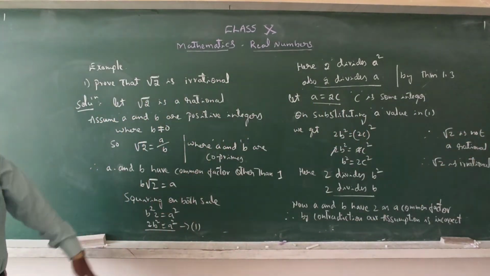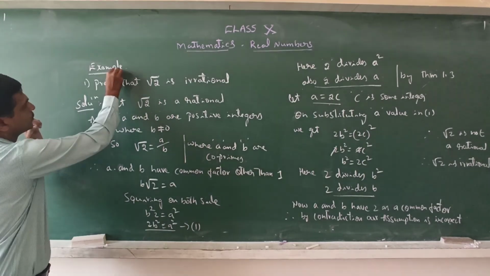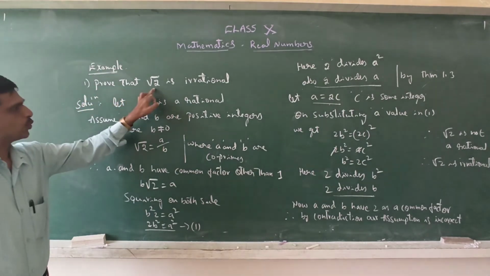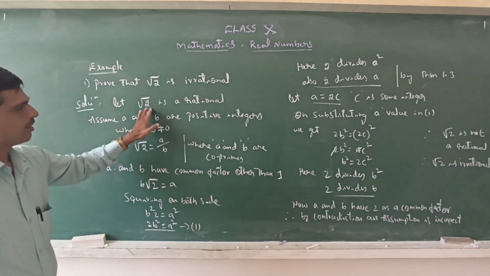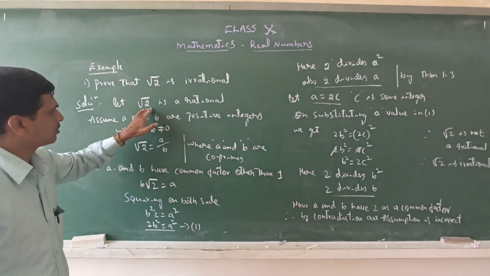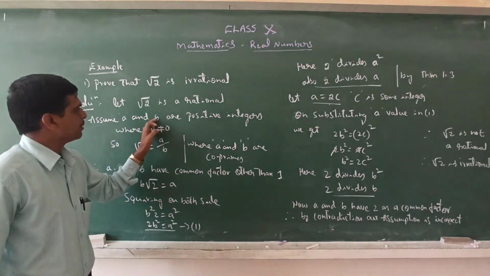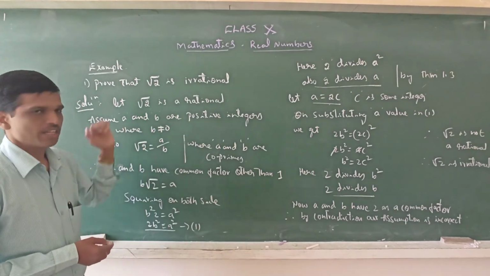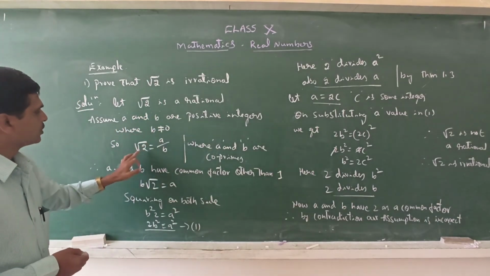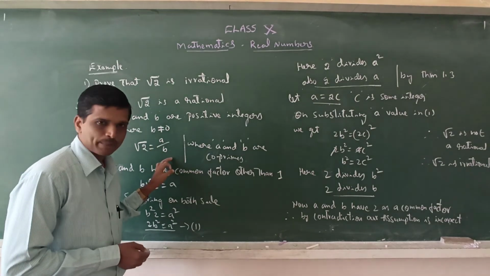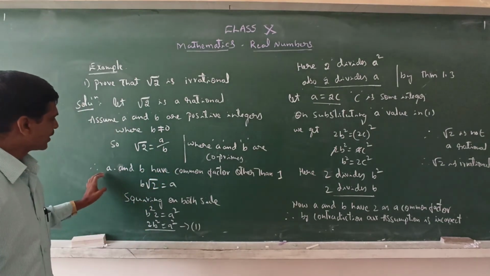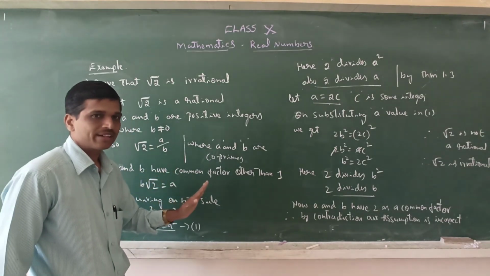Once again, go through the example I wrote here: prove that square root 2 is irrational. Consider square root 2 is rational. Now assume that a and b are co-primes, so square root 2 can be expressed in the form of p by q or a by b. Let us assume they have a common factor other than 1.